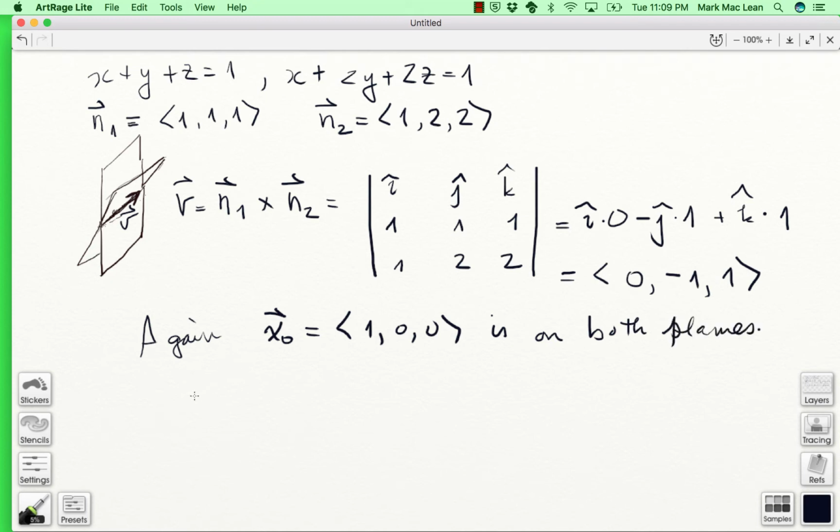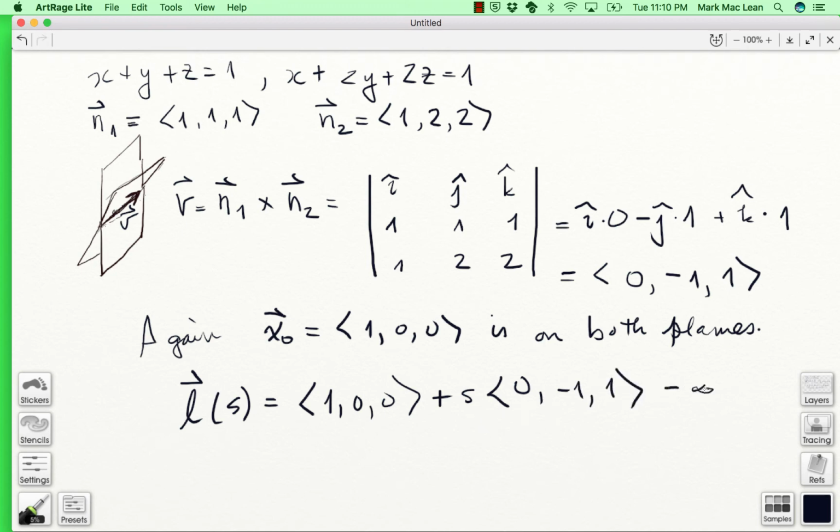And so this time L, and let's call it S. It's going to be the same parameter really, but I want to compare the two. I might have ended up with this vector in the other opposite direction, for example. So if v is a vector that points in the direction of this line, so is minus v. So here I have 1, 0, 0 plus s times 0, -1, and 1.